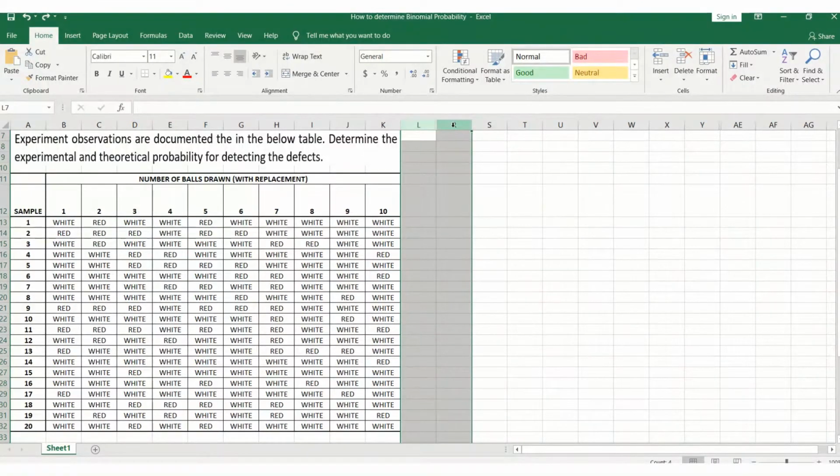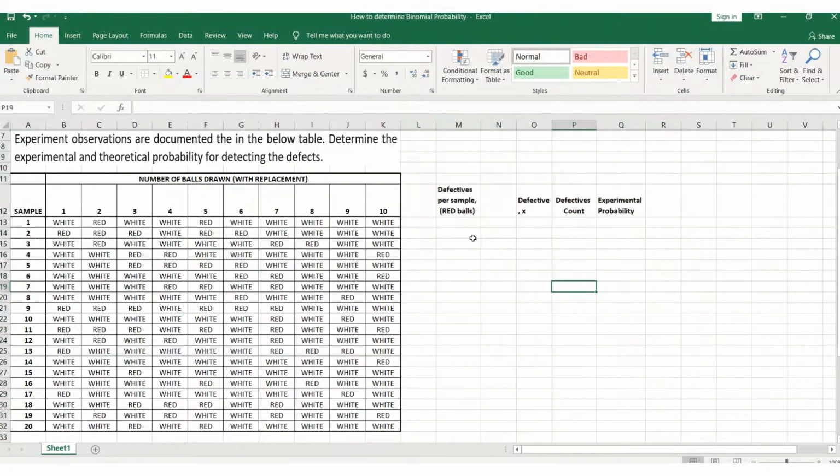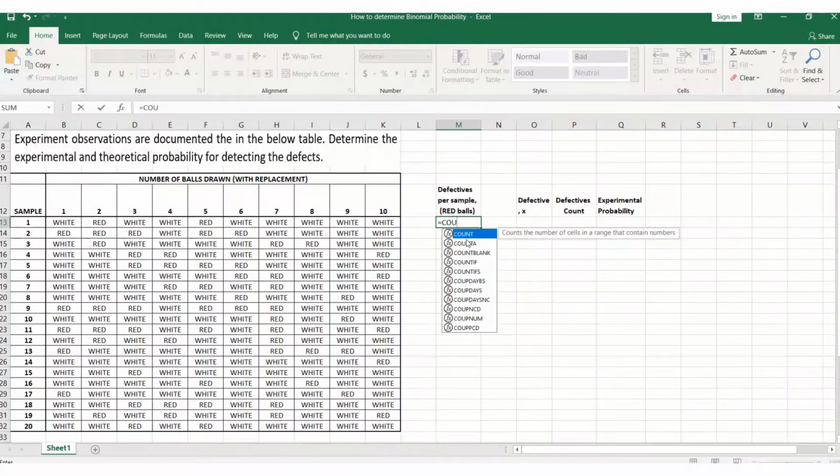binomial probability. For finding it, first we have to count the defective red balls obtained in each trial. Make use of the function COUNTIF.